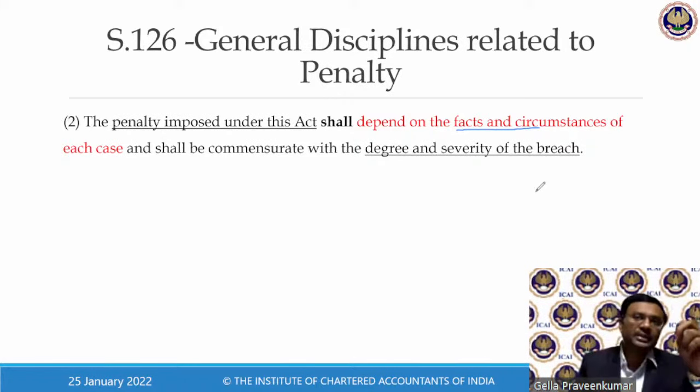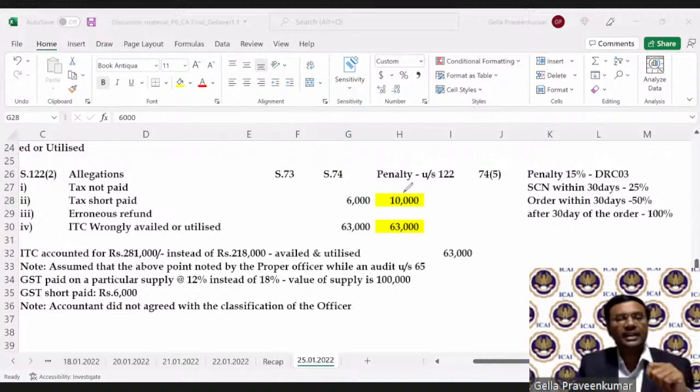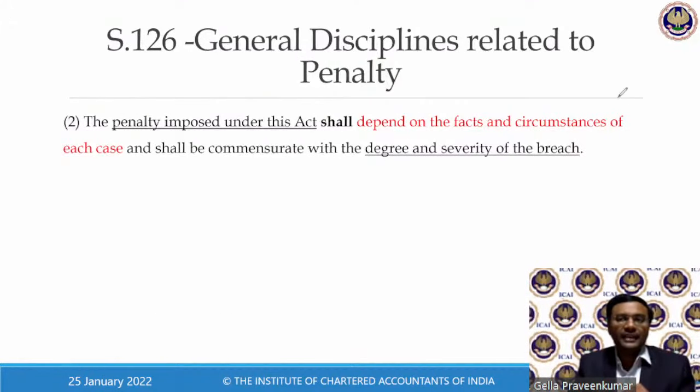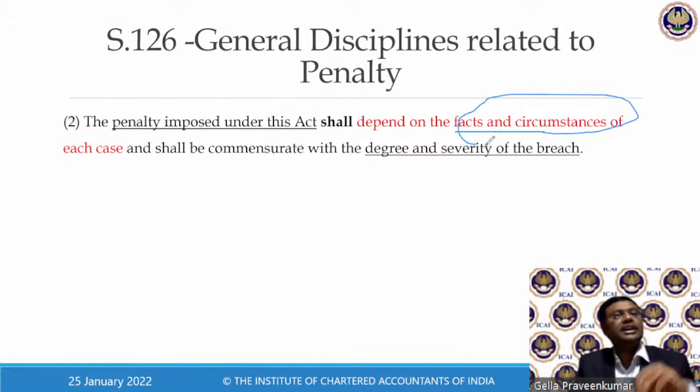When we were talking about the example of this 6,000, where the officer has, instead of 6,000, levied a penalty of 10,000, Akshay said, sir, I have a genuine understanding that it is only 12%, not 18%. So this is what the law says, that look at the intent of the assessee. Look at the facts. If the facts and circumstances are clear, you decide whether penalty is to be levied or not to be levied. And degree and severity.